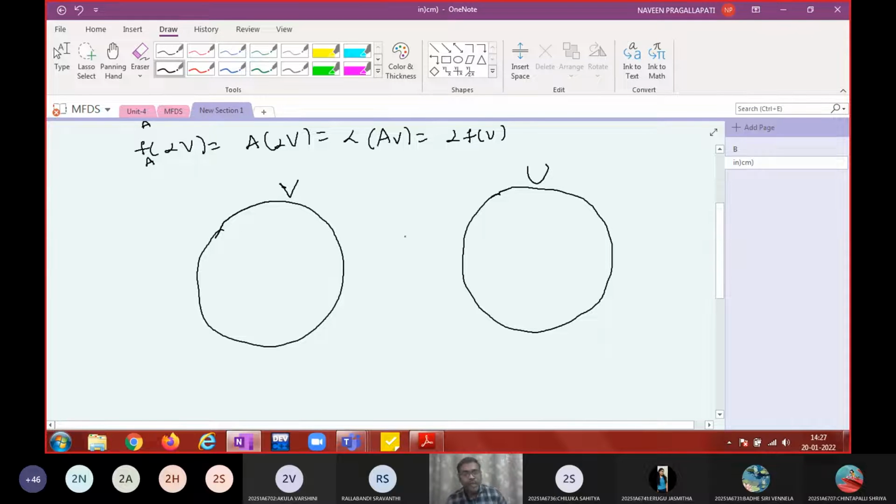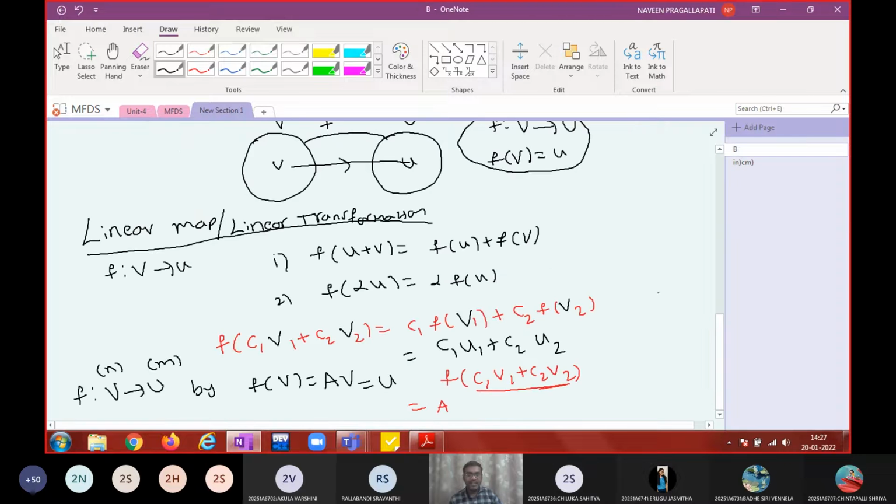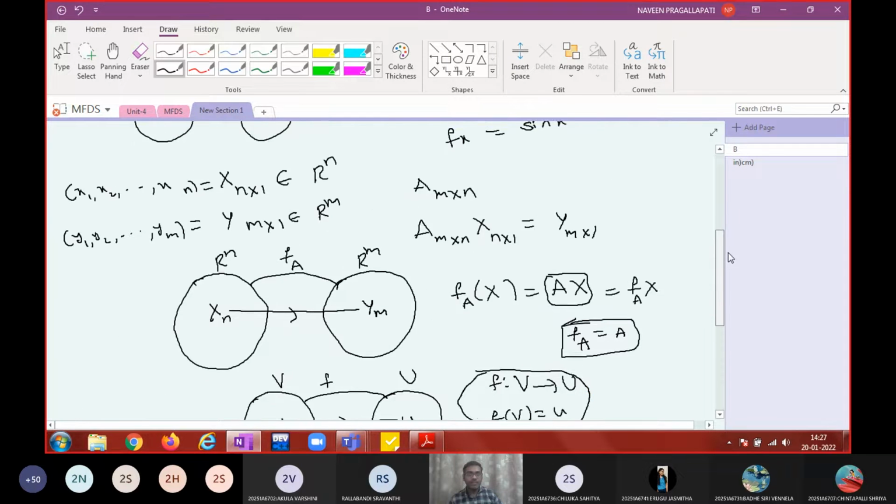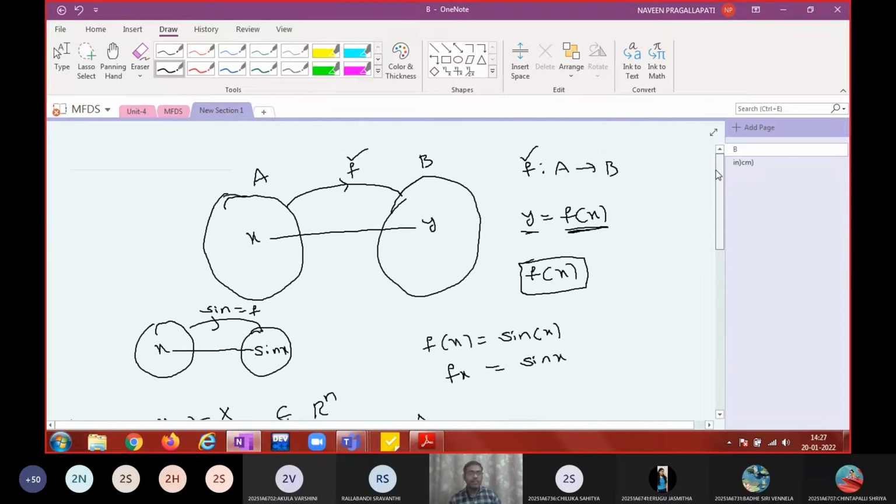Now, do you remember the range of a function? What is range? Like this, no? What is A called? A is called the domain, and B is called the codomain. So what is range?